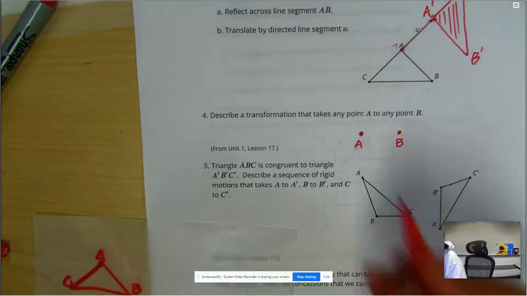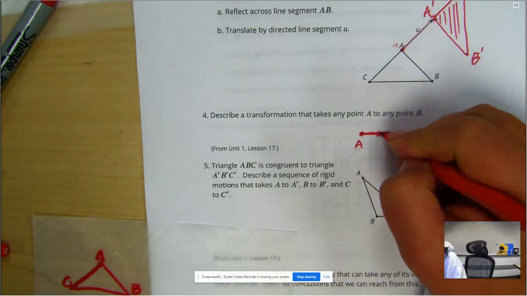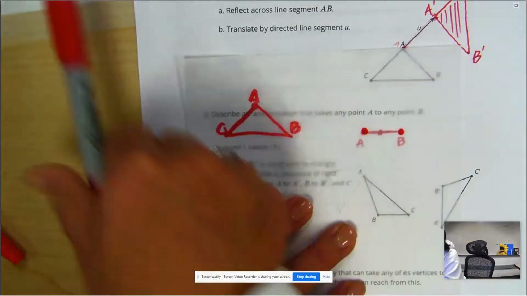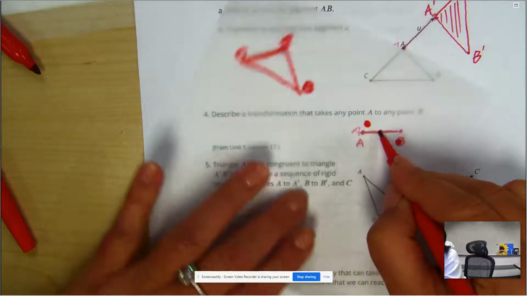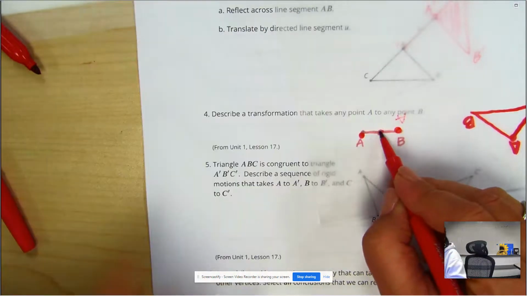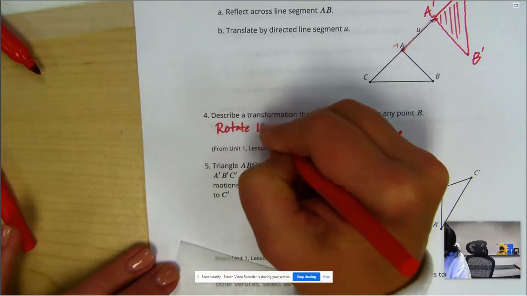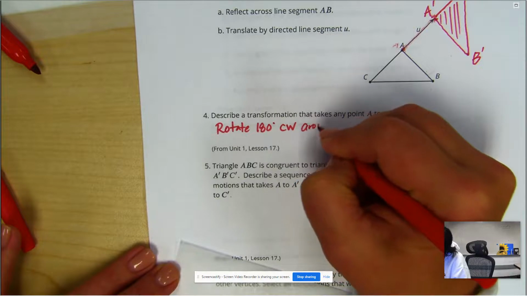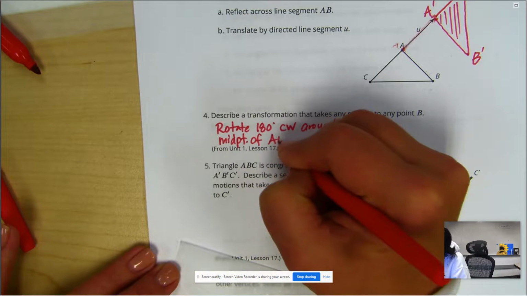So I'm going to imagine if I have these two connected, and if I rotate 180 degrees around the midpoint, here's A. If I rotate 180, boom, it lands on B. So a rotation of 180, I did clockwise, around the midpoint of AB.